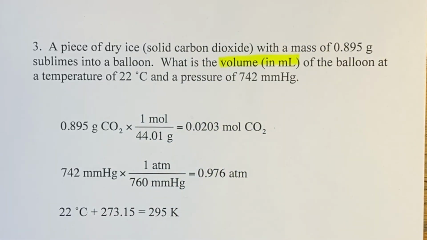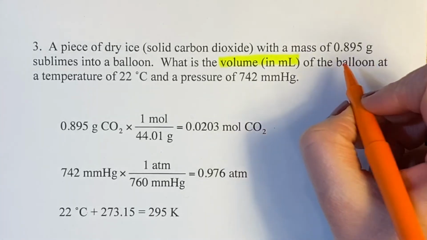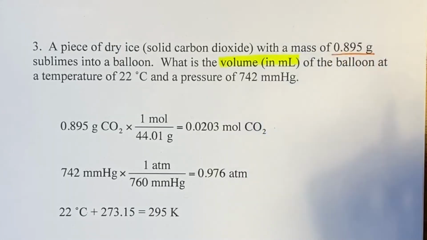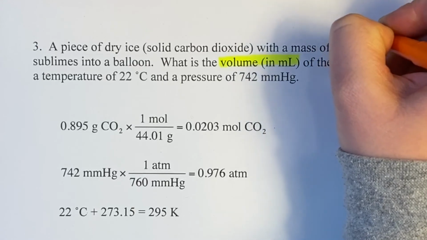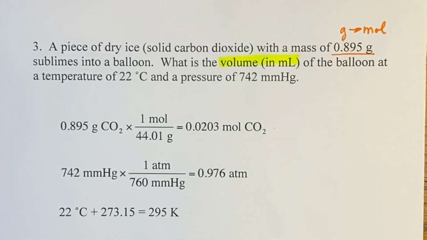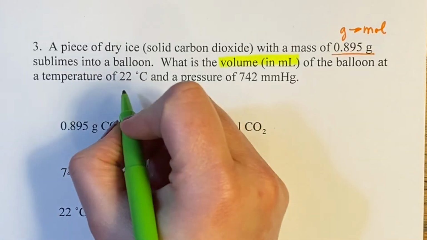As I look at the information that I have been given, the first piece of information is my 0.895 grams. I'm going to need to convert from grams to moles in order to plug into the ideal gas law. The next piece of information is my temperature.